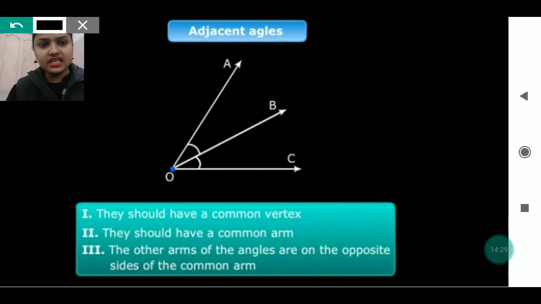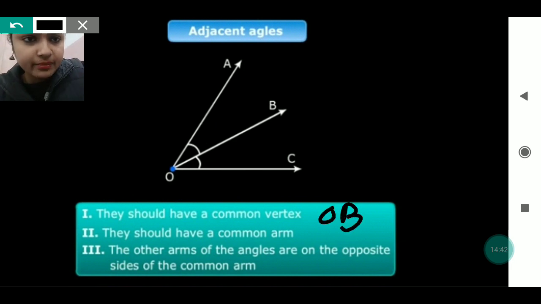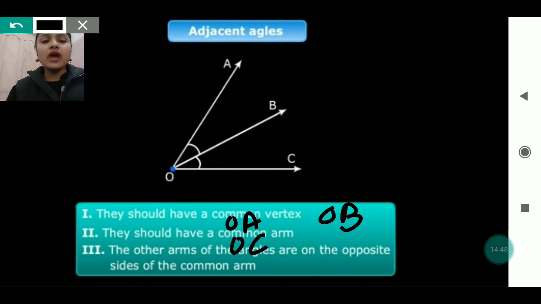OB is common, lying between OA and OC, in between both.